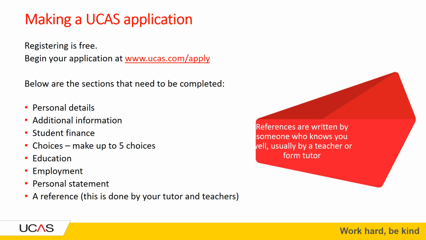Really, with this application, you're just saying that you will be using student finance. You've got your choices, which is always one of the most difficult parts because you've got to make those decisions. You've got the very large education section to fill in, a very short employment section, and then, of course, the personal statement. The final section is the reference, which is done by your tutor or by myself.